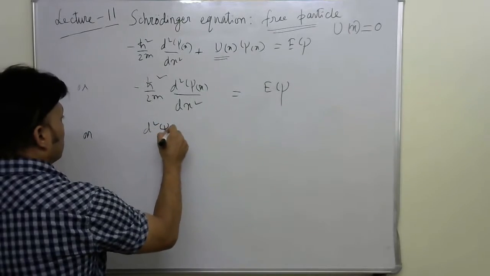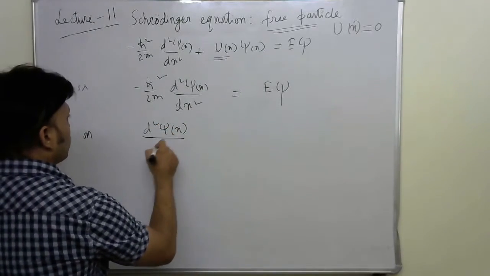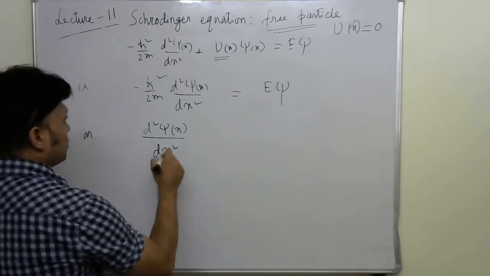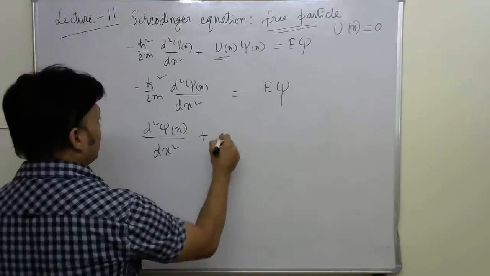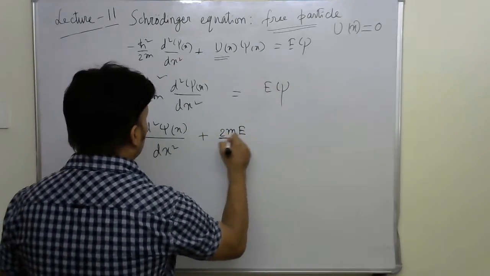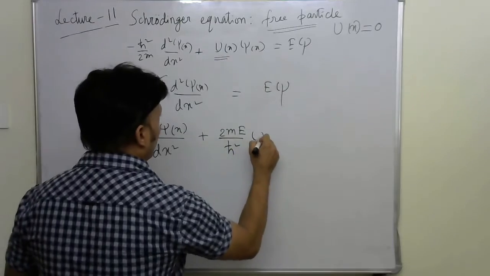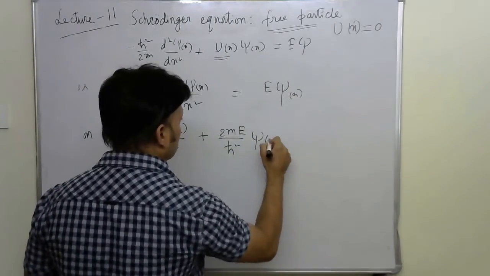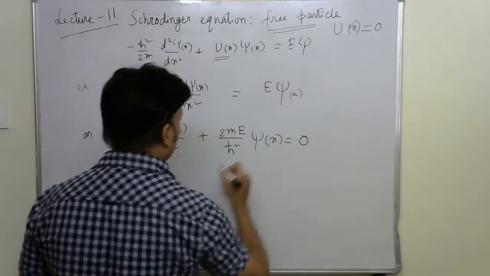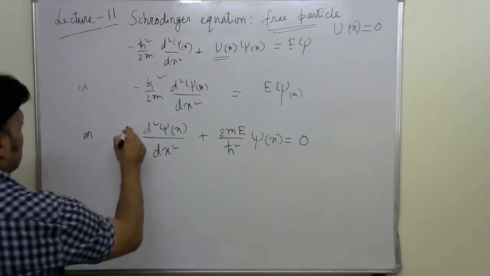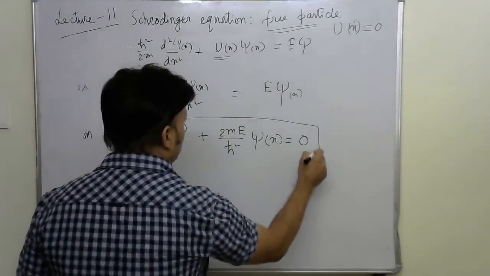We can write d2 psi(x)/dx2 plus 2mE divided by h cross squared psi(x) is equal to 0.